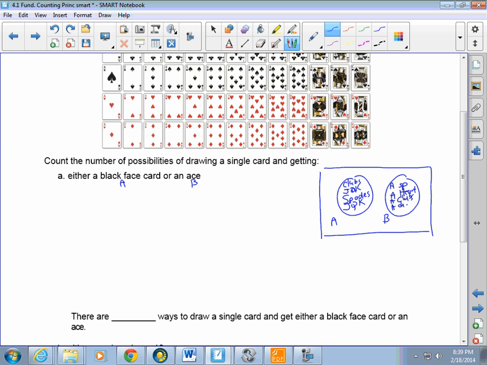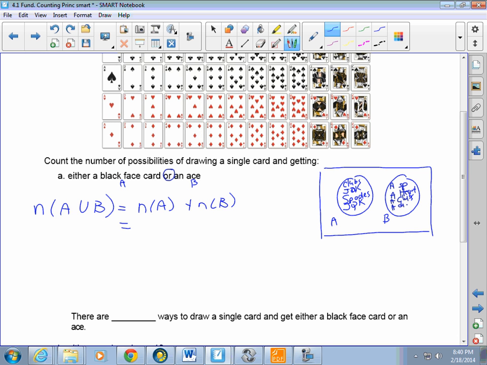So if we take a look at the number of possibilities of drawing a single card and getting either a black face card or an ace, remember there's this ace here. Since they're mutually exclusive, the number in A union B is just the number in A plus the number in B. There is no overlap in that one because you can't have an ace that's a face card.